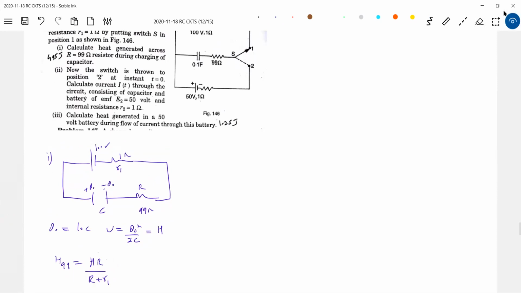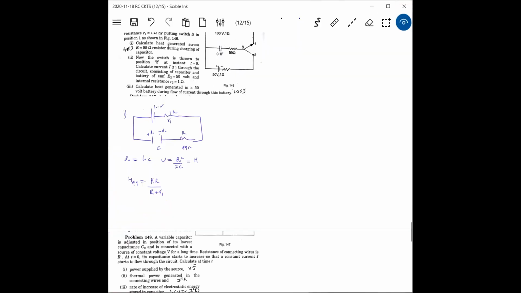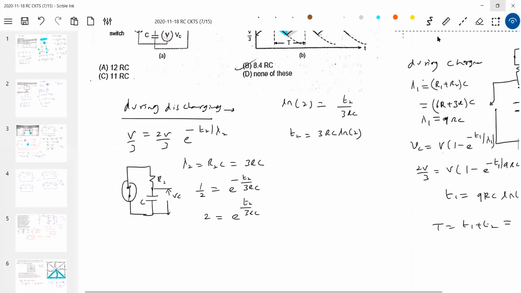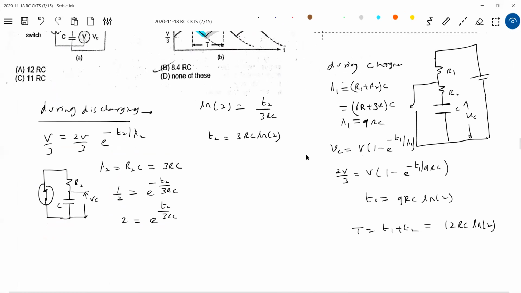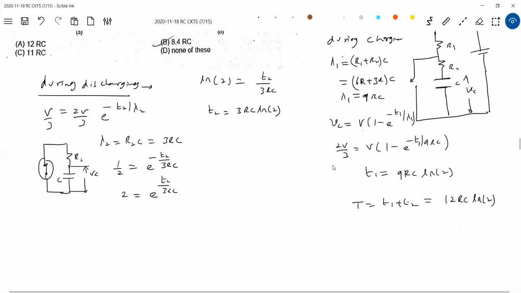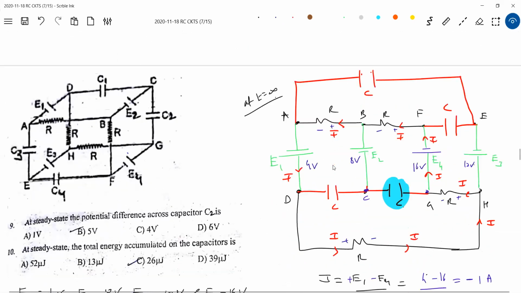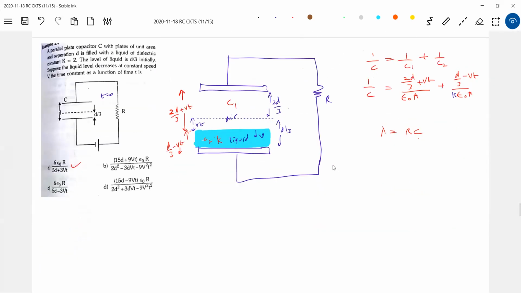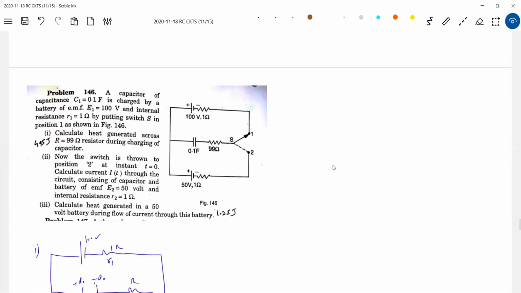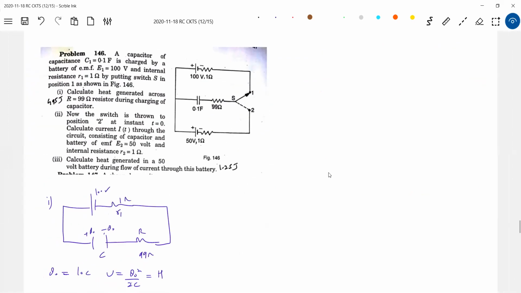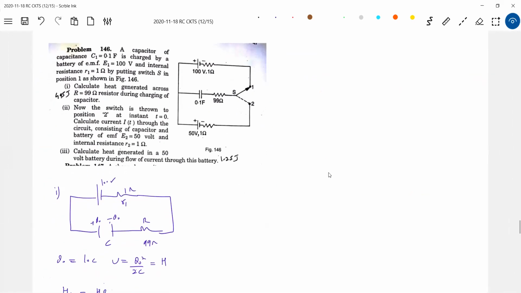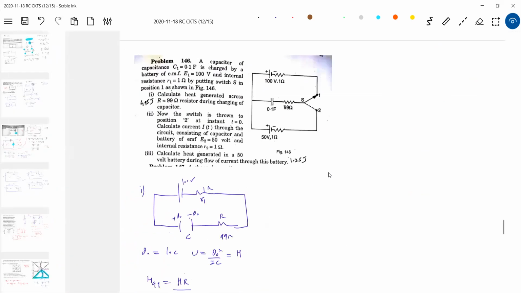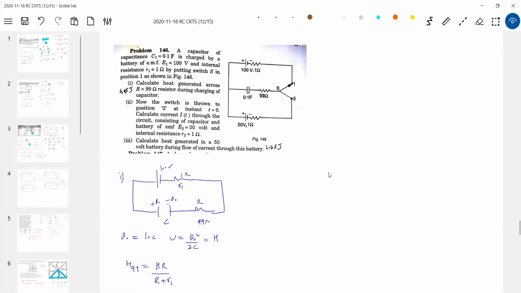See, this problem is specifically brought so that you try to see this.